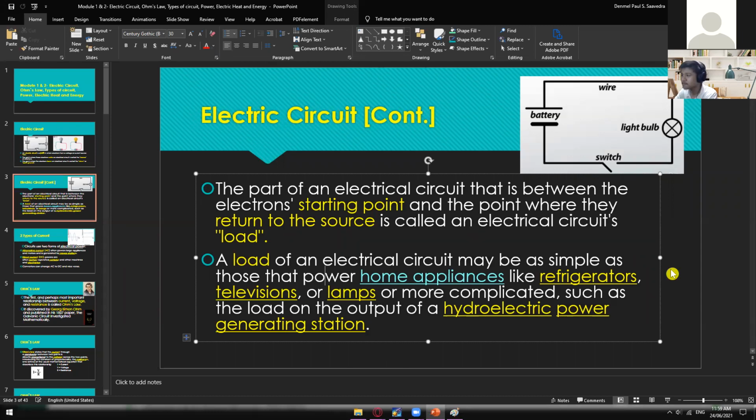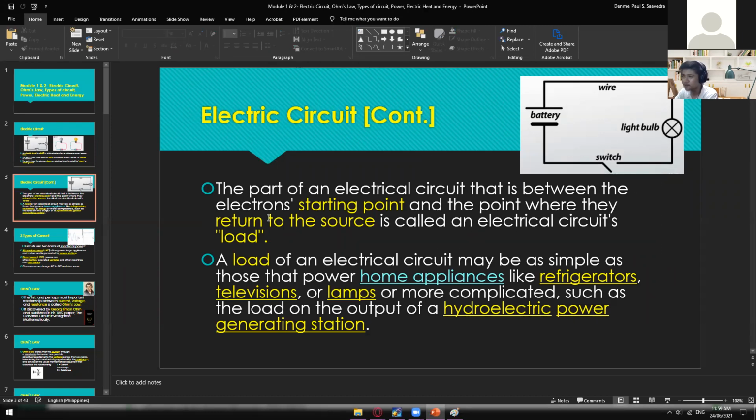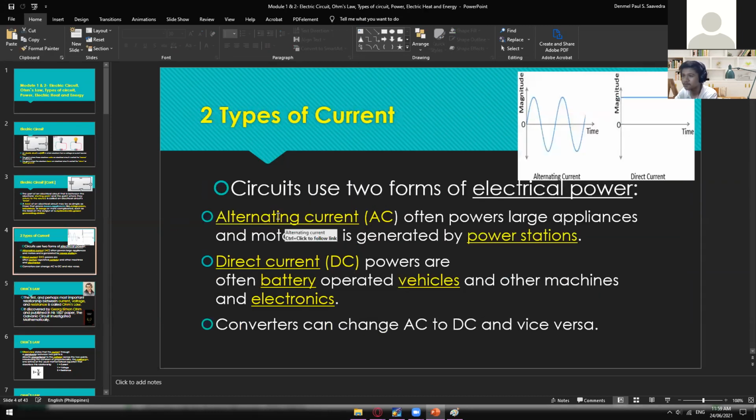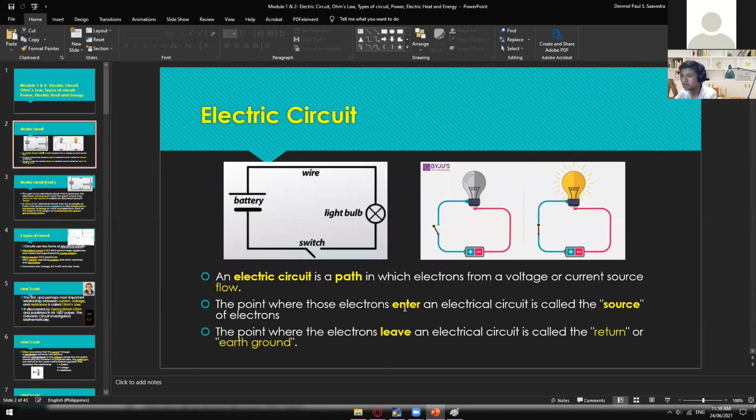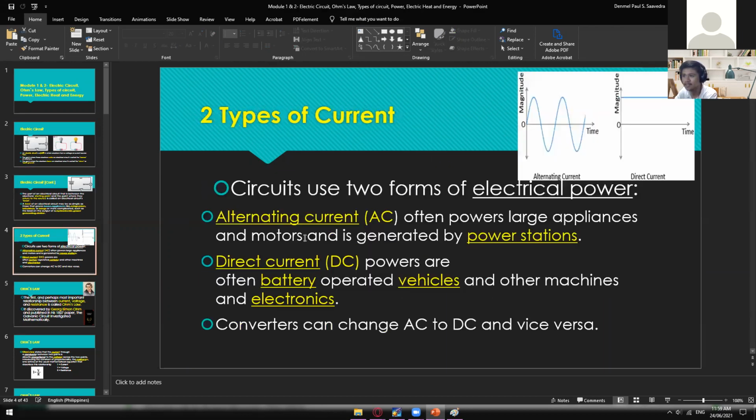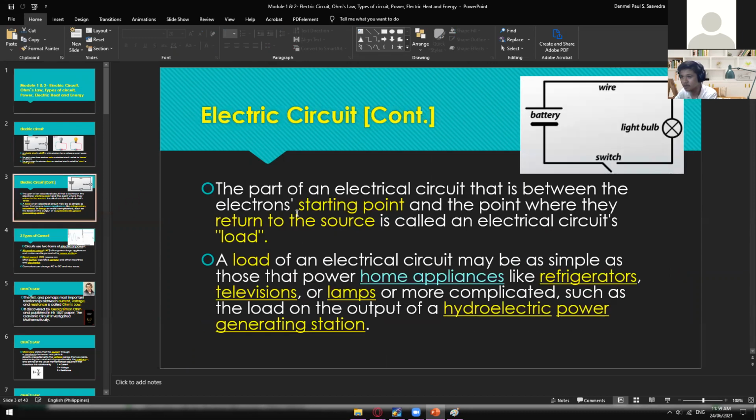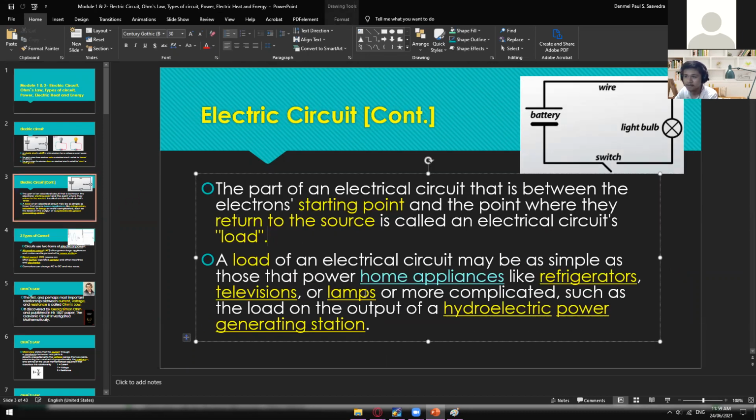Are we clear so far when it comes to the current entering, leaving, and the load it is going to? Were you guys able to follow so far with the basic parts of an electrical circuit? Yes, sir. Okay, great.